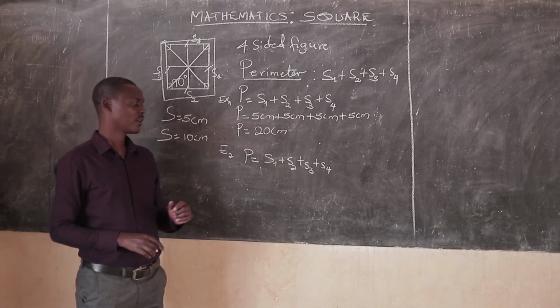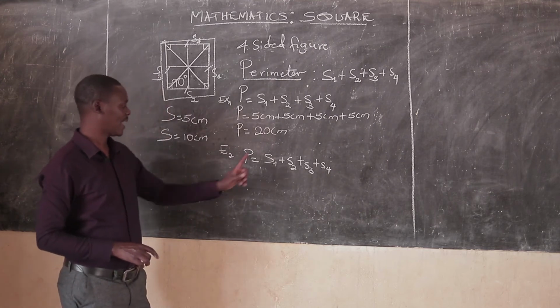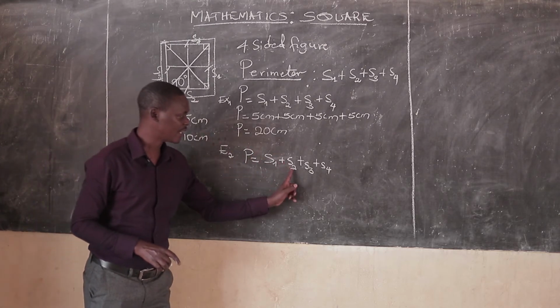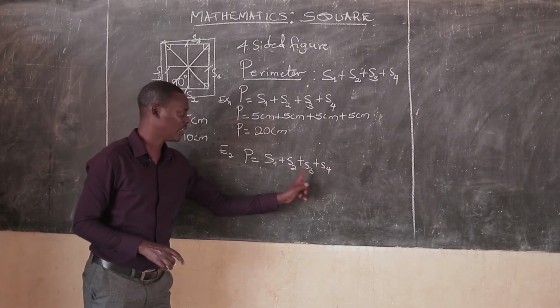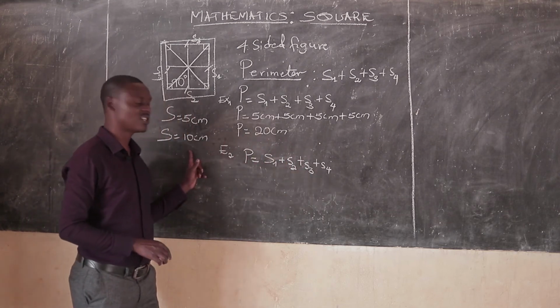Now, as they are always equal, side 1 will be 10 centimeters, side 2 will also be 10 centimeters, side 3 10 centimeters, side 4 10 centimeters.